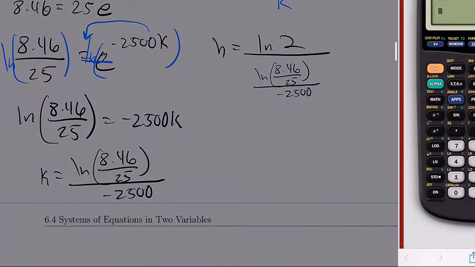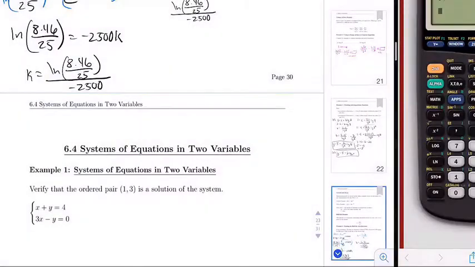Okay, so let's just put that in the calculator to get our number. So then we're going to say the numerator is going to be the natural log of 2 divided by the denominator. Now first we have the natural log of 8.46 divided by 25. Now that's the numerator. Divided by the bottom, which is a negative 2,500. That closes off the denominator, and then that should close off our parentheses.